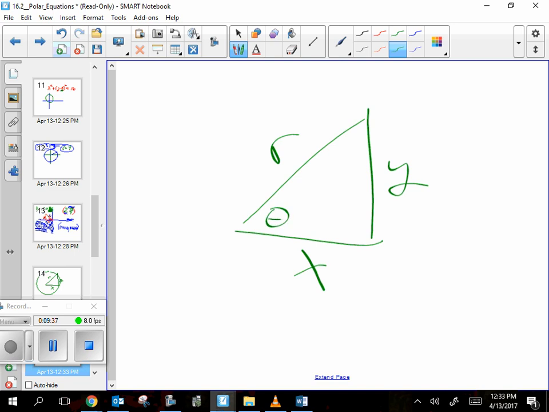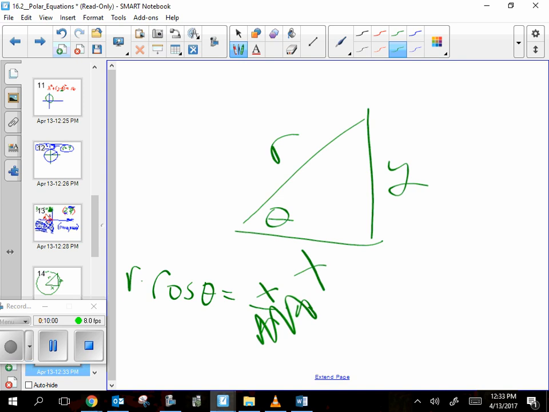And then this is theta, right? Watch me do cosine on this. Cosine of the angle is equal to what? Adjacent over hypotenuse. What? X over r. And then if I just multiply by r on both sides, see why x is always r cosine theta?